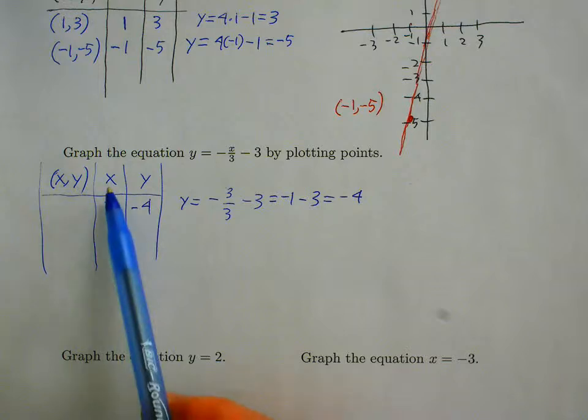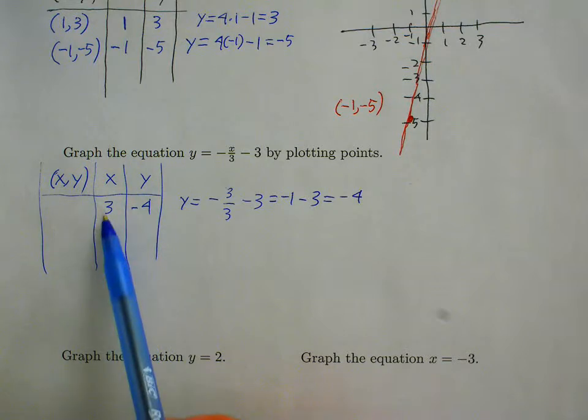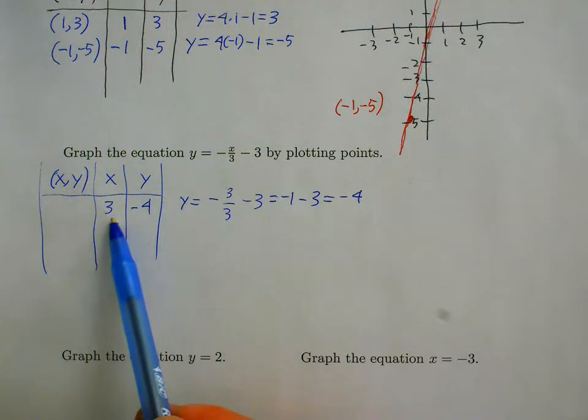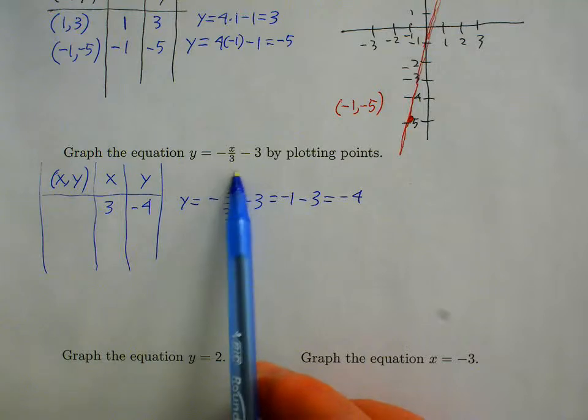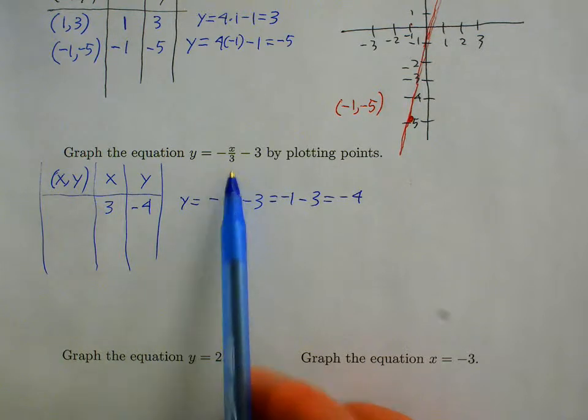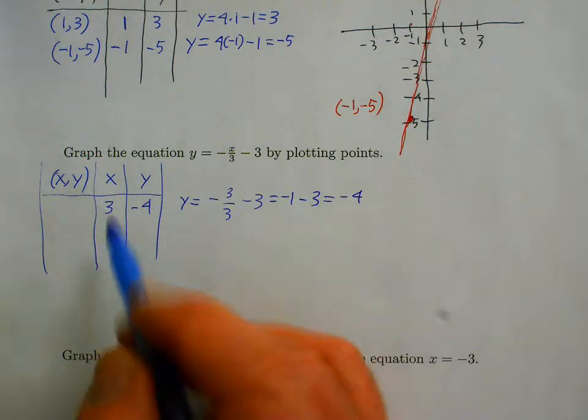Another multiple of 3 that we could replace x with, we could use 6. 6 is a multiple of 3. That makes the arithmetic fairly simple. So we could do that. I'm going to pick x to be -3.